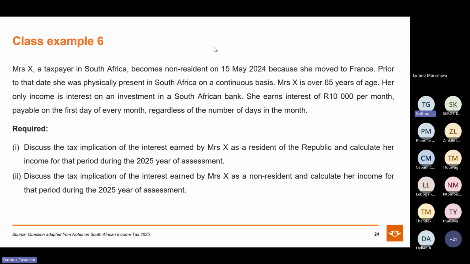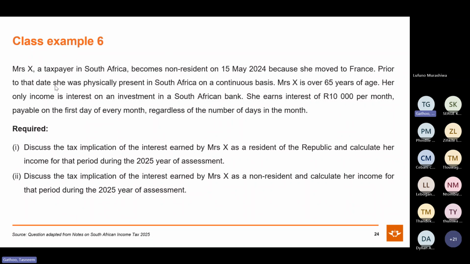In terms of the legislation, you are deemed to have ceased residence in South Africa on the day before. So in this case here, she was resident in South Africa until the 14th of May, and from the 15th of May, she becomes non-resident.